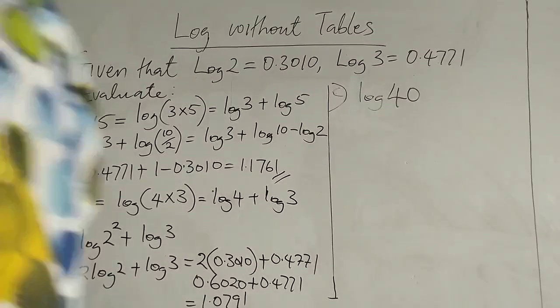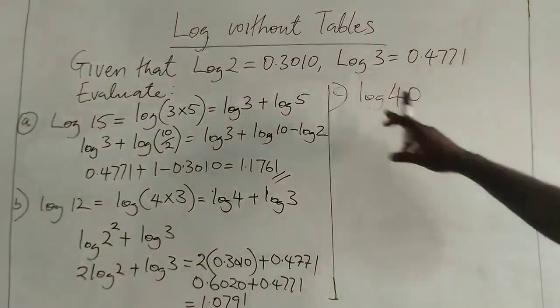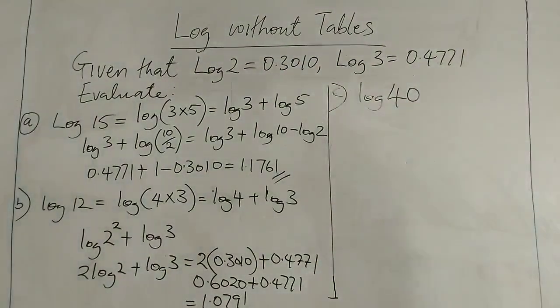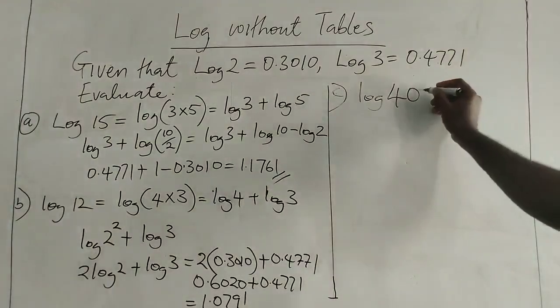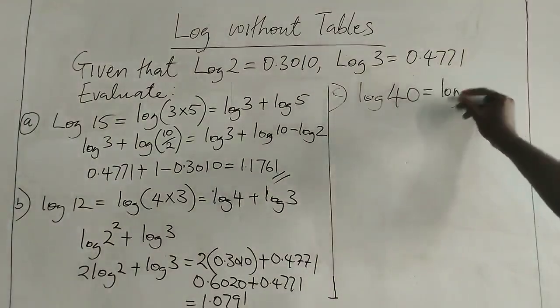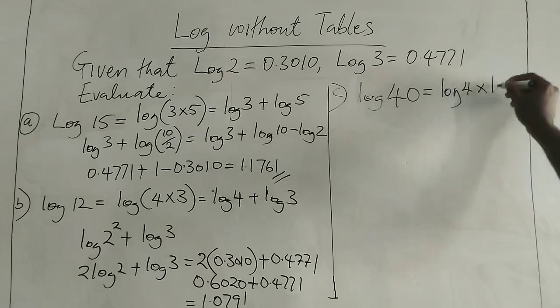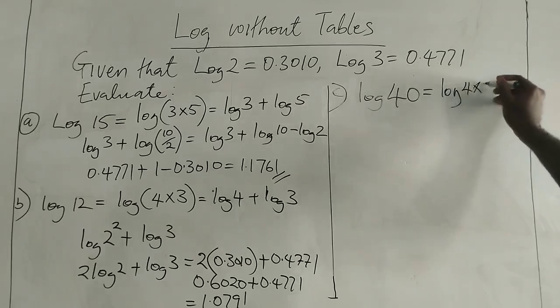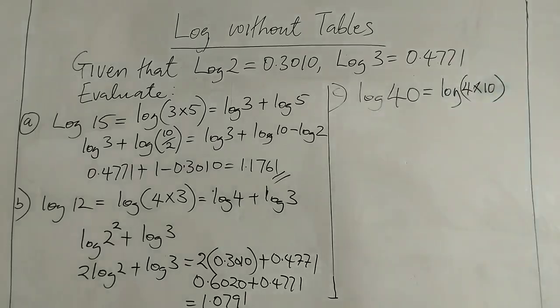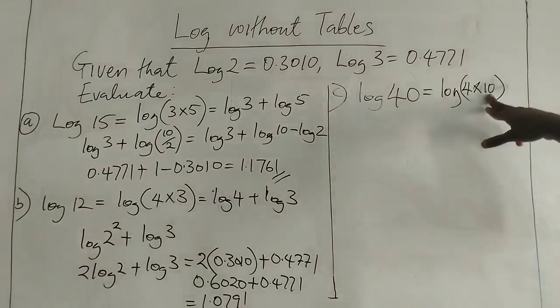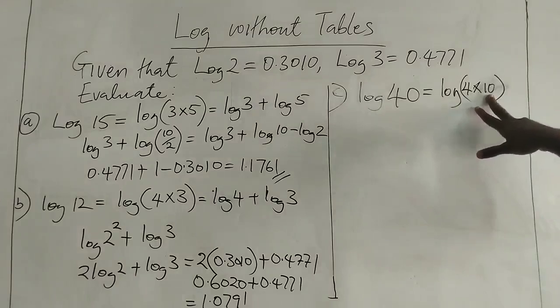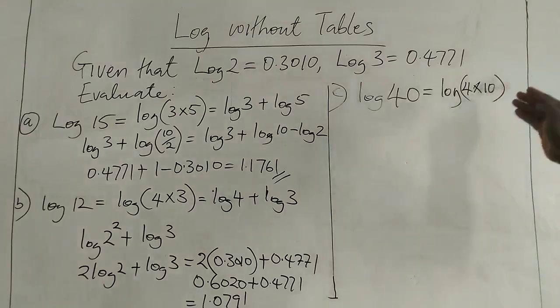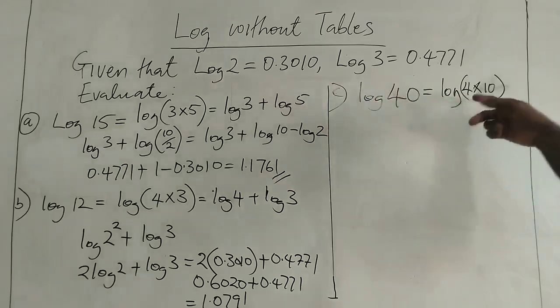Going to the third question, we have log 40. Simplifying 40, we have log 4 times 10. I've told you the importance of choosing 10. 10 will help simplify it quicker.